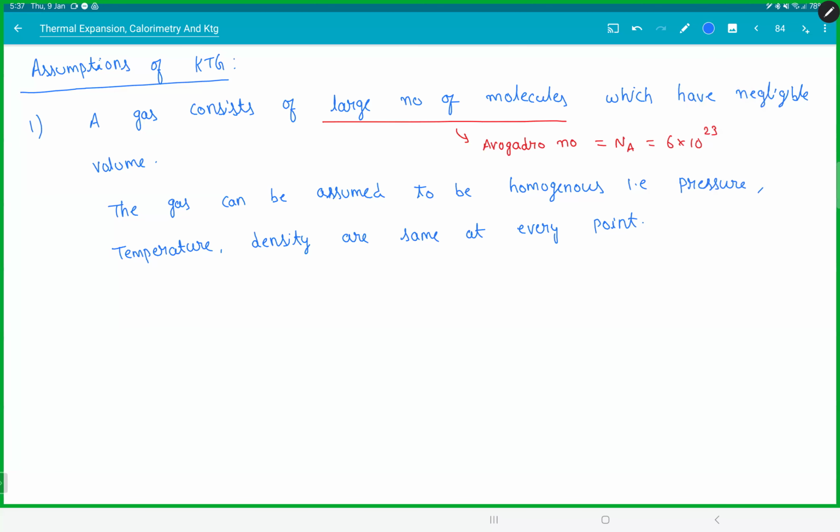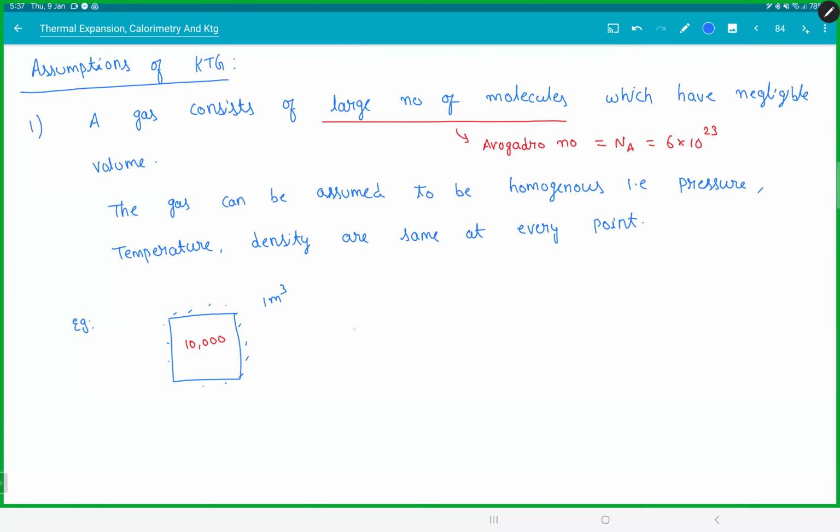Imagine a container. This is the kind of question they ask. Let me show you what they asked. Something like this, they can frame a question. Let's say we have a container of 1 meter cube, and inside we have 10,000 molecules.